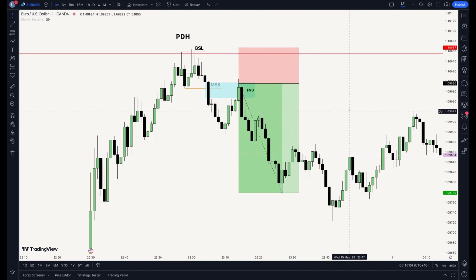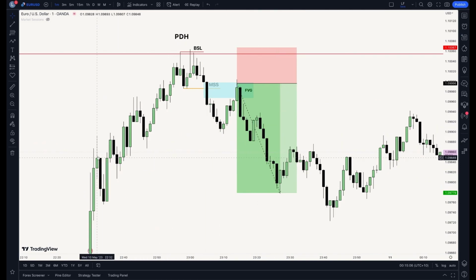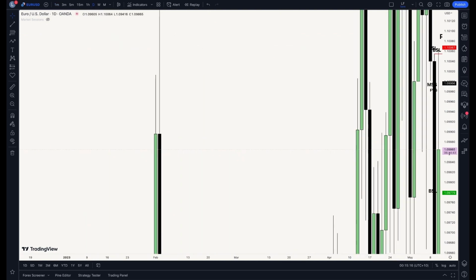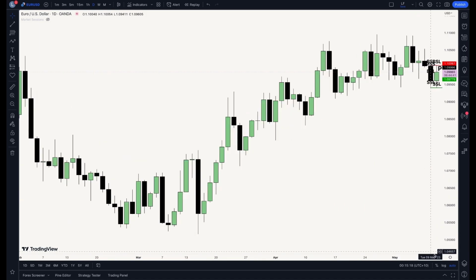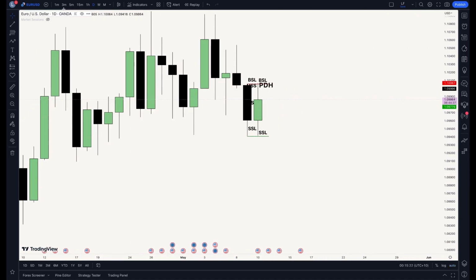But essentially, this was what I wanted you guys to see. So patience is key. I waited for price to travel to quite a sensitive area that was marked on the higher time frame. And trading is all about probability, guys.